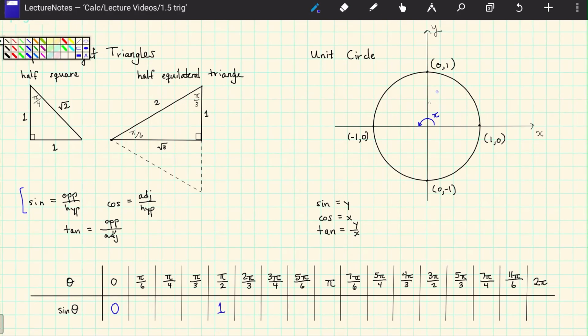And then when the angle becomes pi, the y-coordinate of that point is going to be 0. And then when the angle becomes 3 pi over 2, the y-coordinate is -1. And then when we get all the way back to 2 pi, the y-coordinate is going to be 0 again.